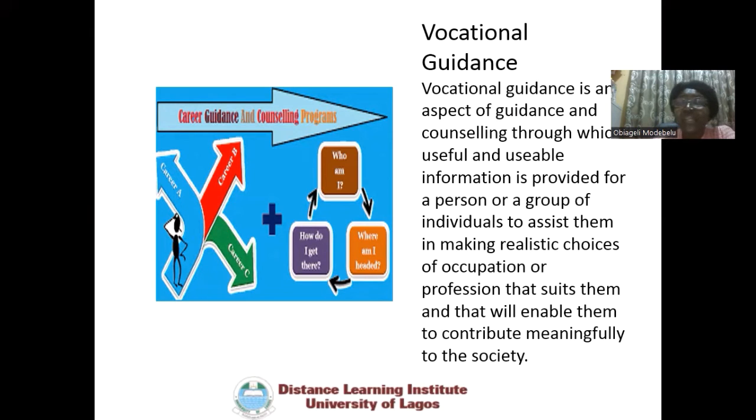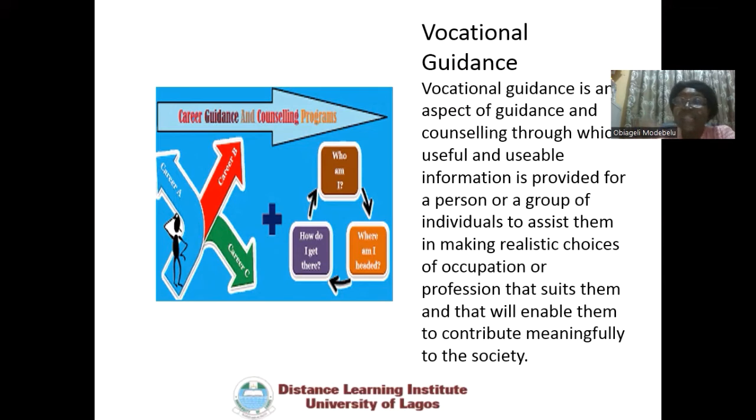If you look at the picture, you will see that this student has 3 careers, career A, career B, career C. And the first question he asks himself is, who am I? That question needs to be answered. How do I get there? Where am I going to? Should I take career A, career B, or career C? Where am I headed?